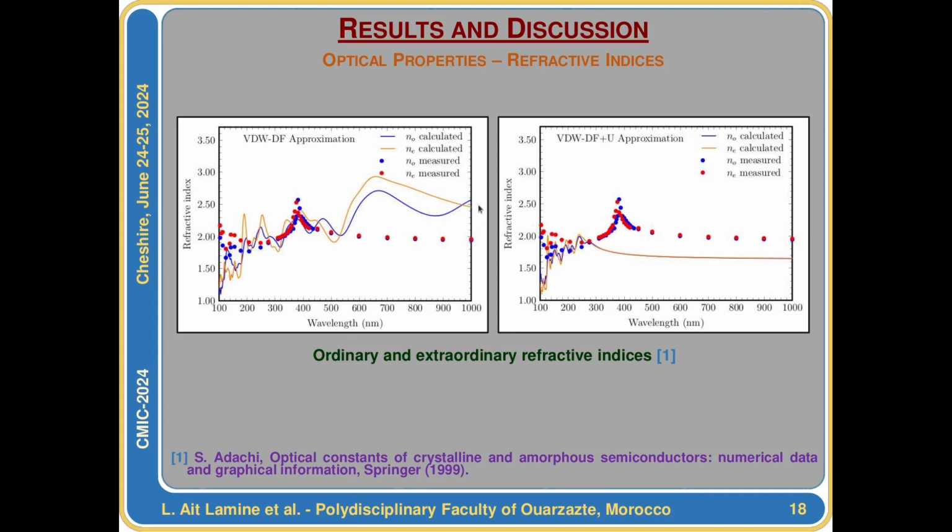These peaks can be considered as anomalies compared to the experimental values. When Hubbard U was used, these anomalies were rectified, and thus the results are closer to the experiment, with a shift toward both lower refractive indices and lower wavelengths. In addition, the high refractive indices are found in near ultraviolet region.